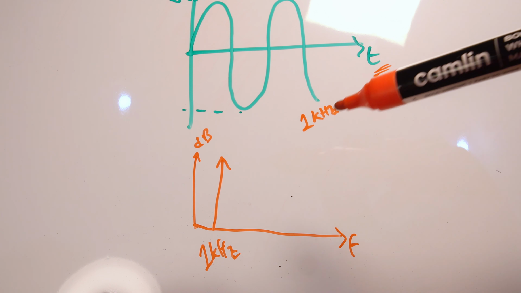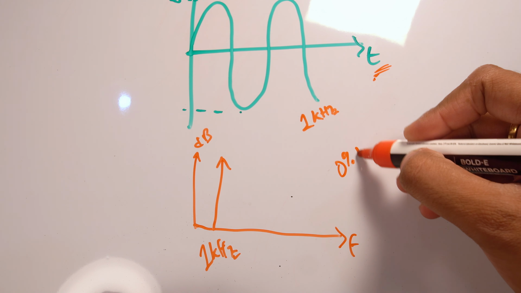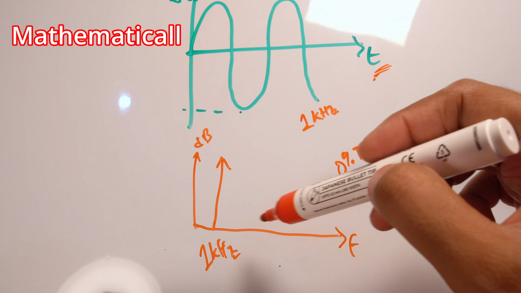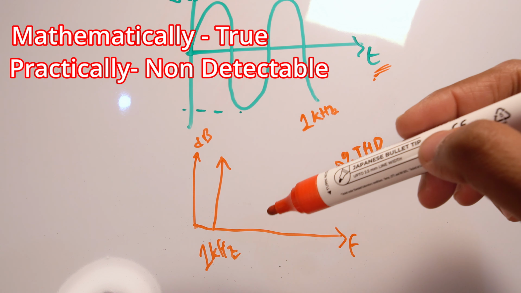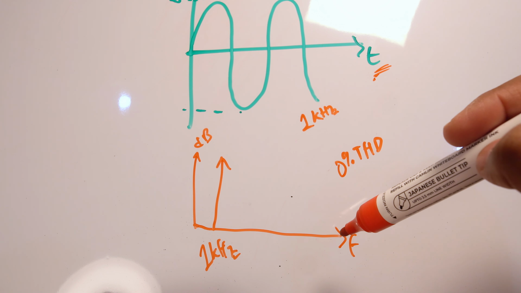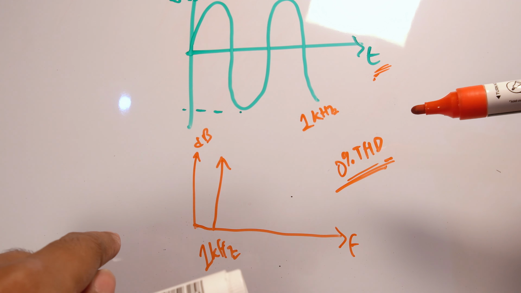Ideally, if you say 0% distortion or 0% THD, then we are saying that there are no harmonics. There are no second harmonics, third harmonics, fourth harmonics. There are no harmonics in the frequency domain. In that way, it's 0% THD, which is impossible.